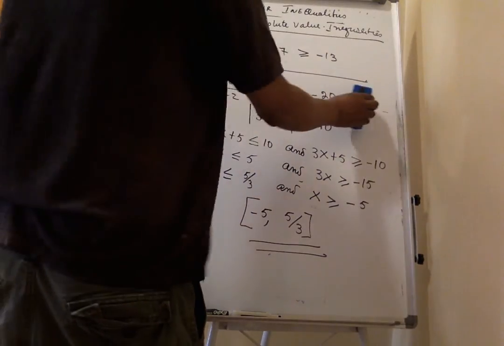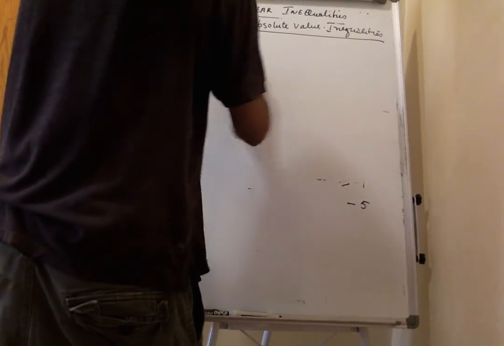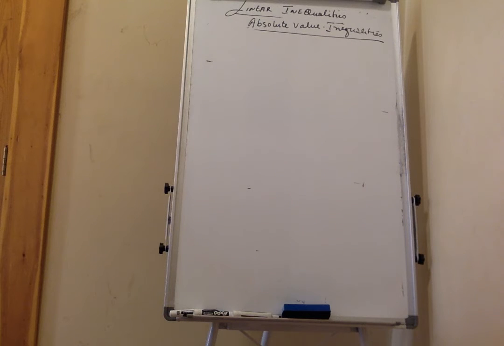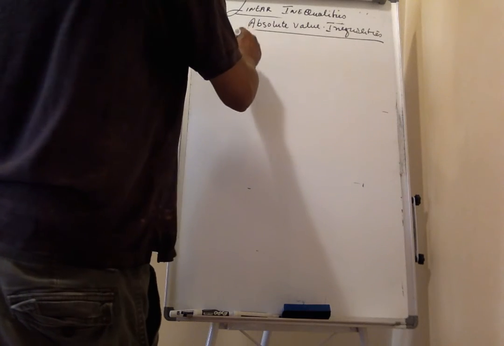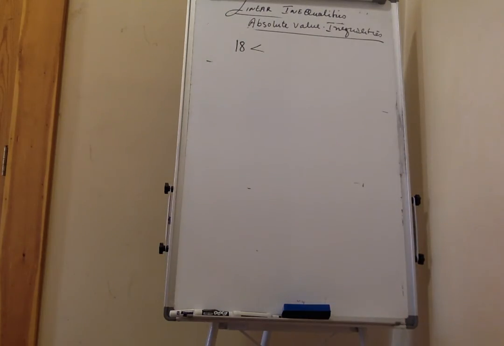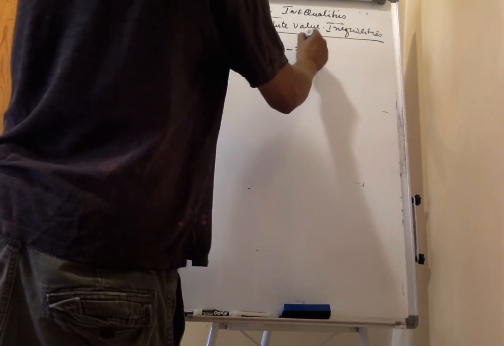Probably let me do one which is less than, and I think after that you can be okay. Suppose you have 18 is less than the absolute value of 6 minus 3x.